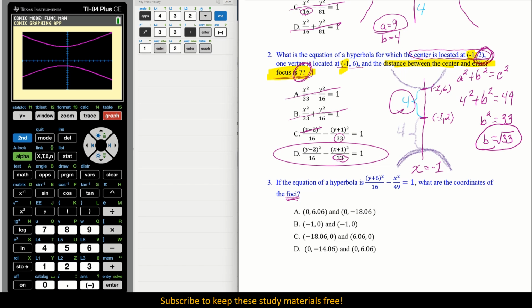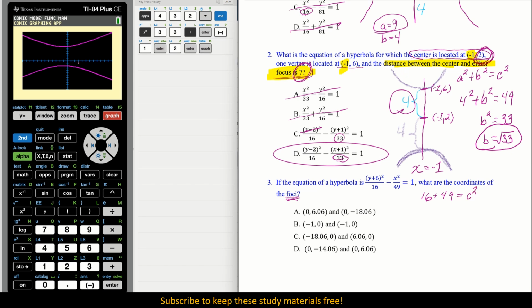Okay, well, that's not too bad. There's one thing we need to do, which is find our c, right? So that is 16 plus 49 equals c squared.